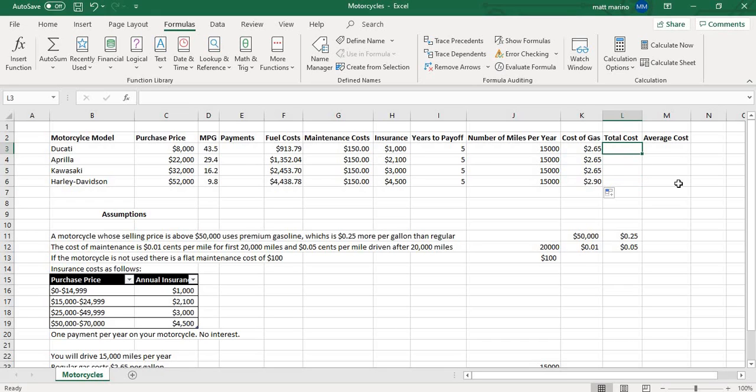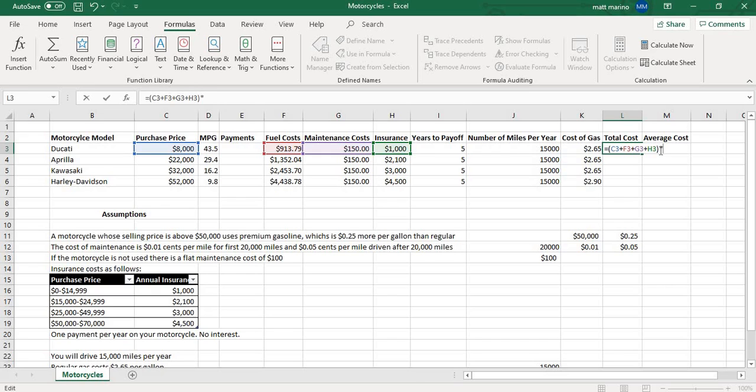So how do we calculate our total cost? Our total cost adds our initial purchase price, our fuel costs, our maintenance costs, and our insurance costs. Well, what else do we need to do? This just provides us our cost for 1 year.